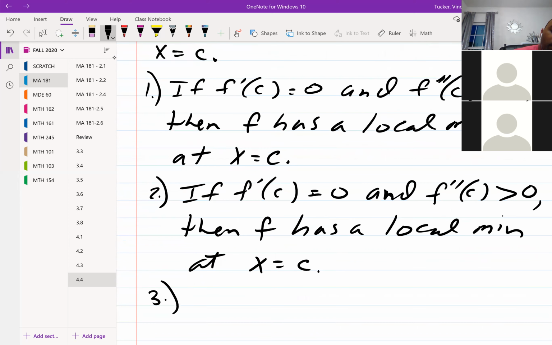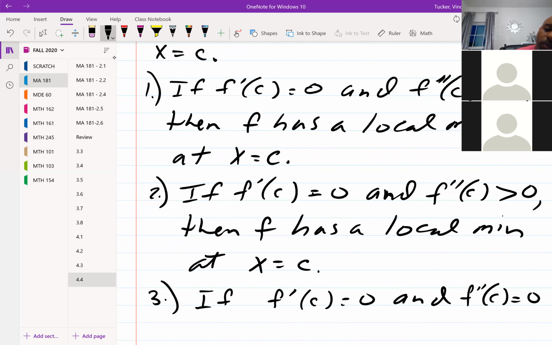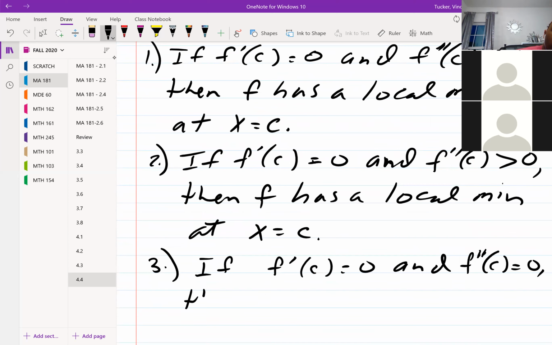If f prime of c is equal to 0 and f double prime is also equal to 0, then the test fails.